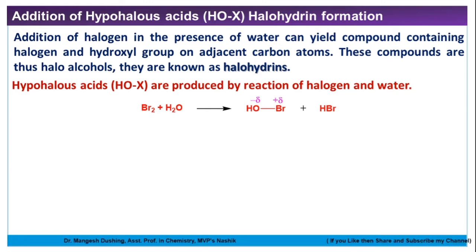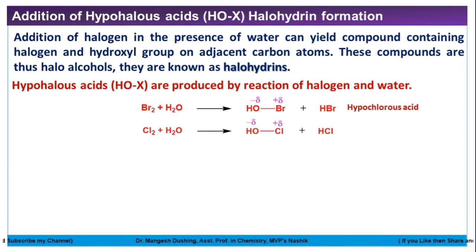That's why this is important, because oxygen and Br are both electronegative atoms, but oxygen is more electronegative. That's why in hypohalous acids, O of the OH is the negative part of the reagent, while Br is the electropositive part of the reagent. So this is called hypobromous acid.